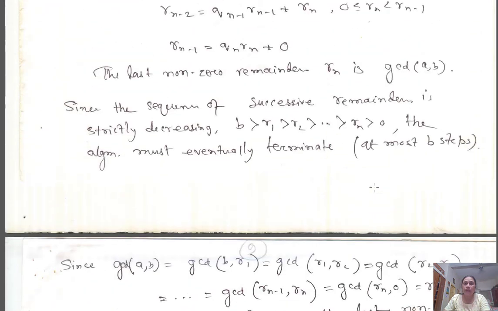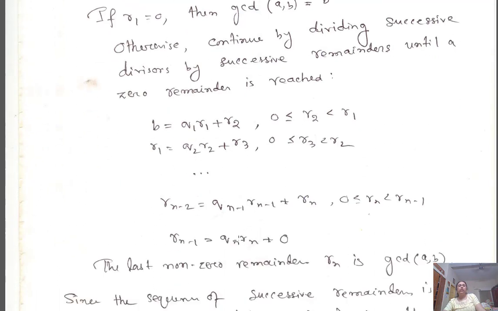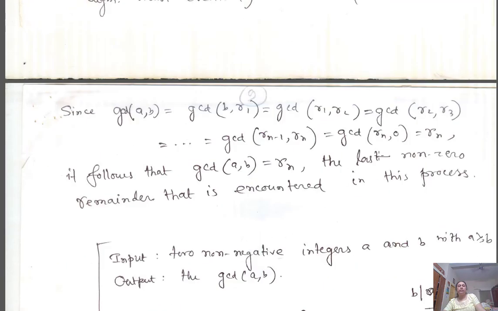So from here, if you apply the previous result, GCD of A and B equals GCD of B and R1, equals GCD of R1 and R2, equals GCD of R2 and R3, and so on, down to GCD of Rn minus 1 and Rn, equals GCD of Rn and 0.